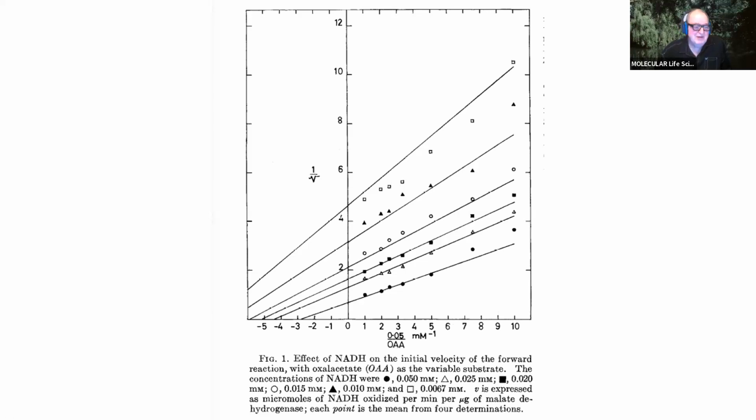What does a Lineweaver-Burk plot look like when you have substrate inhibition with the varied substrate? Well, if you start at the lowest, it gets faster and faster and faster, but then it gets proportionally slower, and eventually it would curve up, and you'd get a line like that, then it curves up.